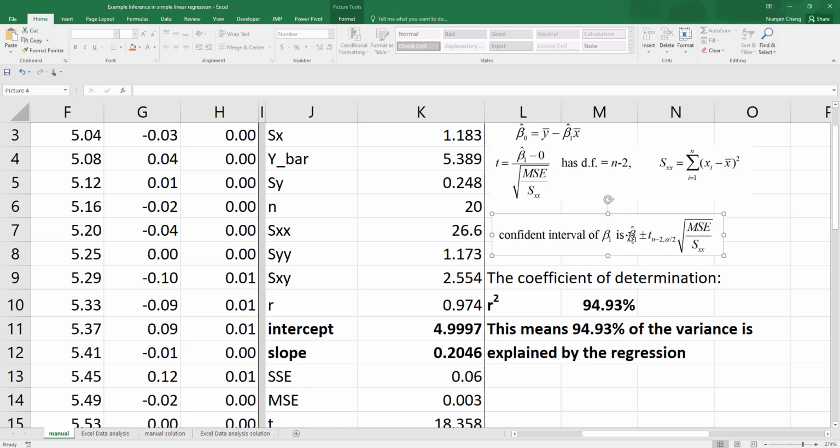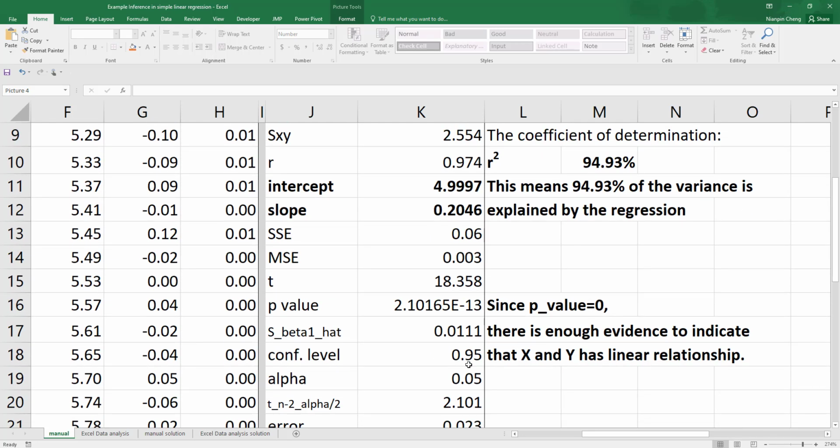So we know this is the sample statistic beta 1 hat plus minus t-value multiplied by the standard deviation of beta 1 hat. Okay. So for the t-value, we just check the table, with degrees of freedom 20 minus 2, and a 95% confidence interval, so alpha 0.05.